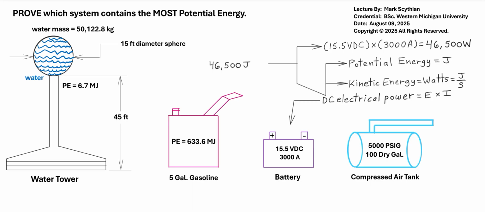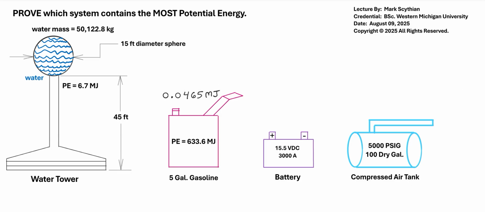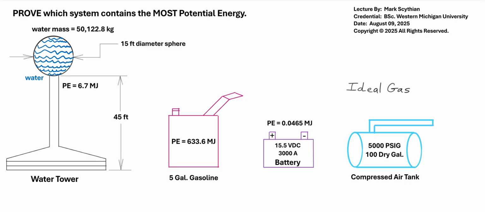So we have 46,500 watts times 1 over S, so that would just make it from kinetic to potential energy. So we have 46,500 joules divided by 1 million joules per megajoule. So we get a value of 0.0465 megajoules potential energy in the battery.